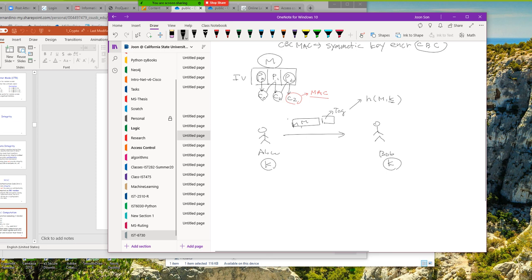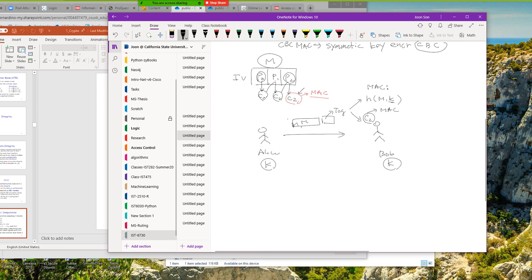And if you're using the CBC MAC, it's really C2. So that's the tag, the message authentication code. This is the MAC, and this is also the MAC.